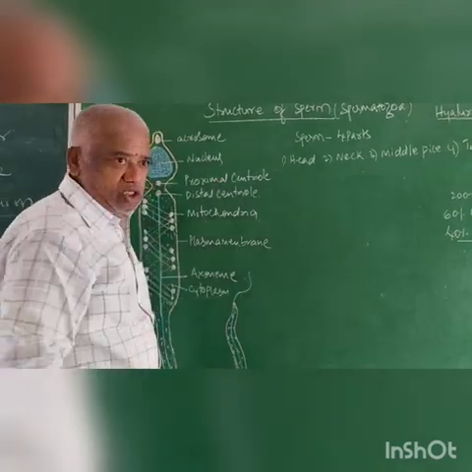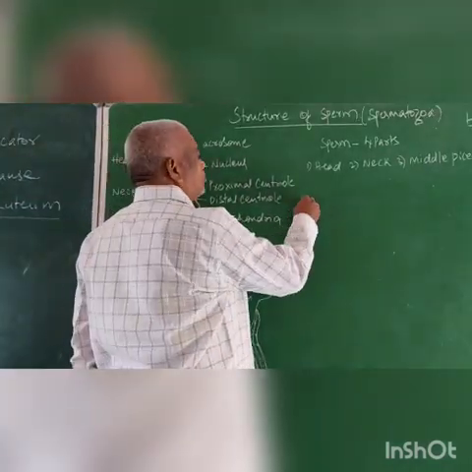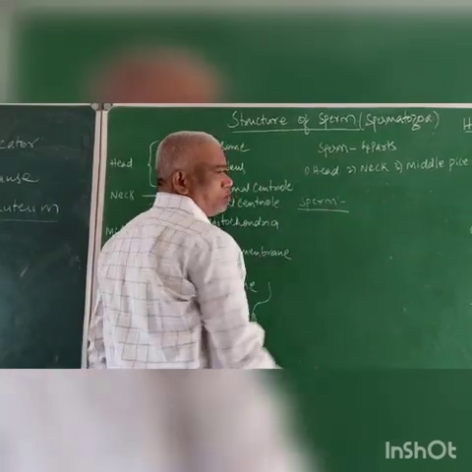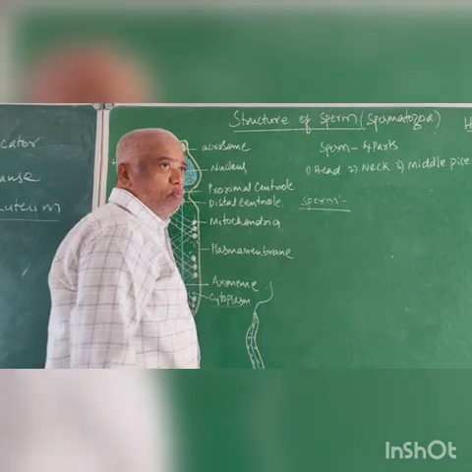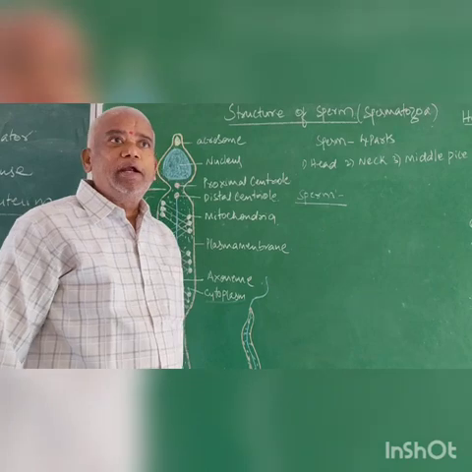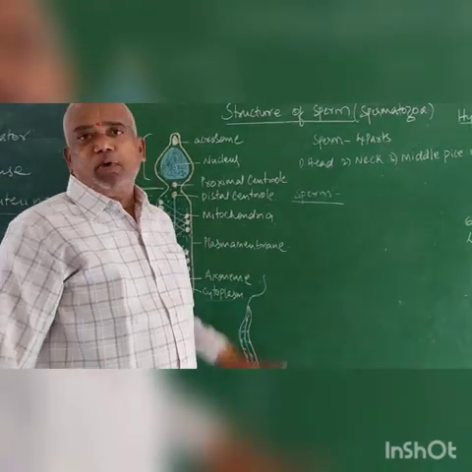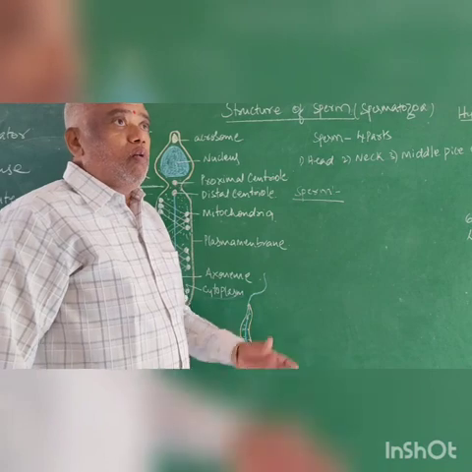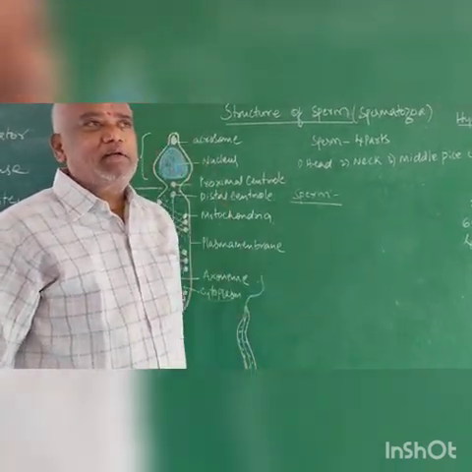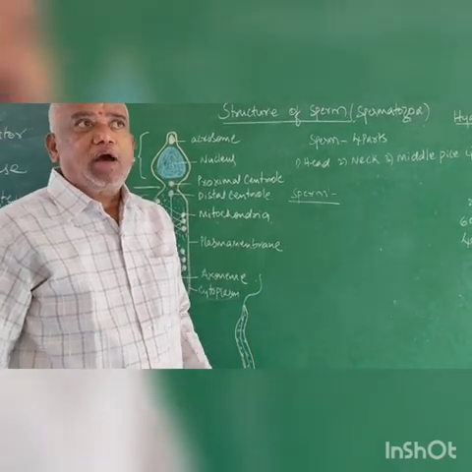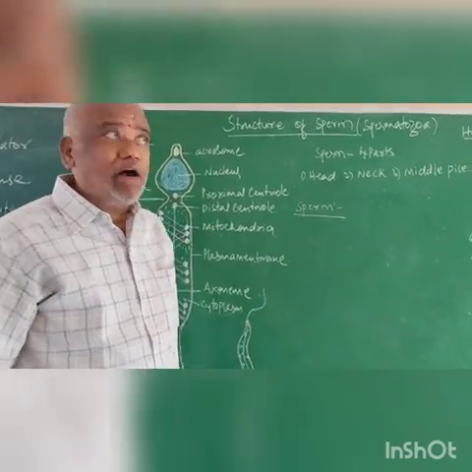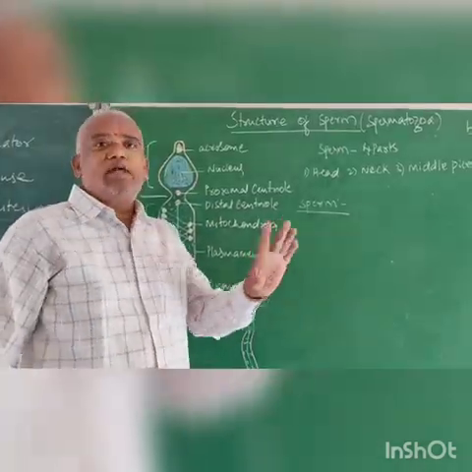Now before going to the structure, what is sperm? A microscopic haploid male gamete is called a sperm. What is the level? If you take the brain, it is organ level; tongue, organ level; eye, organ level; sperm is one cell.